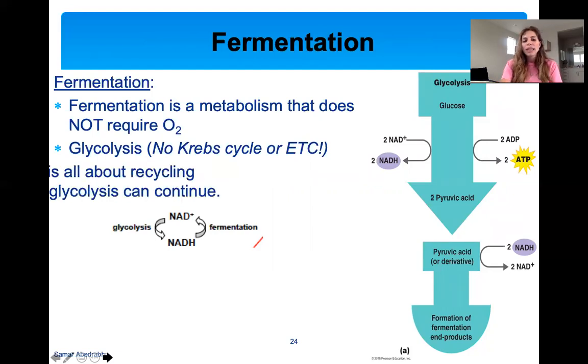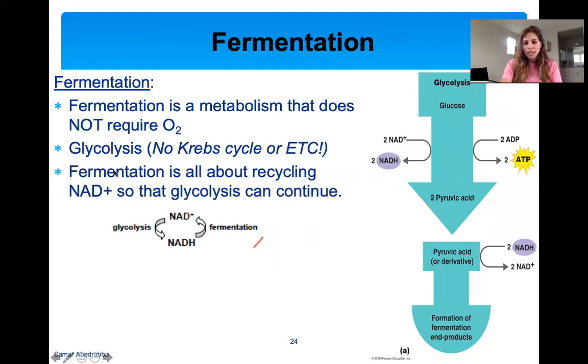And so with fermentation, you have glycolysis similar to what we saw with aerobic and anaerobic respiration, but there's no Krebs cycle and no electron transport chain. And if anyone remembers, in glycolysis, you only create ATP. So organisms that do fermentation will only create 2 ATP.